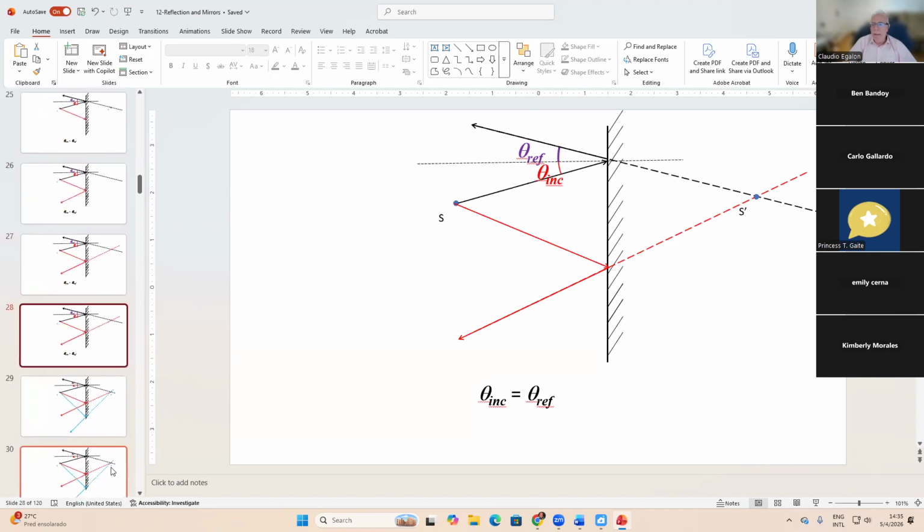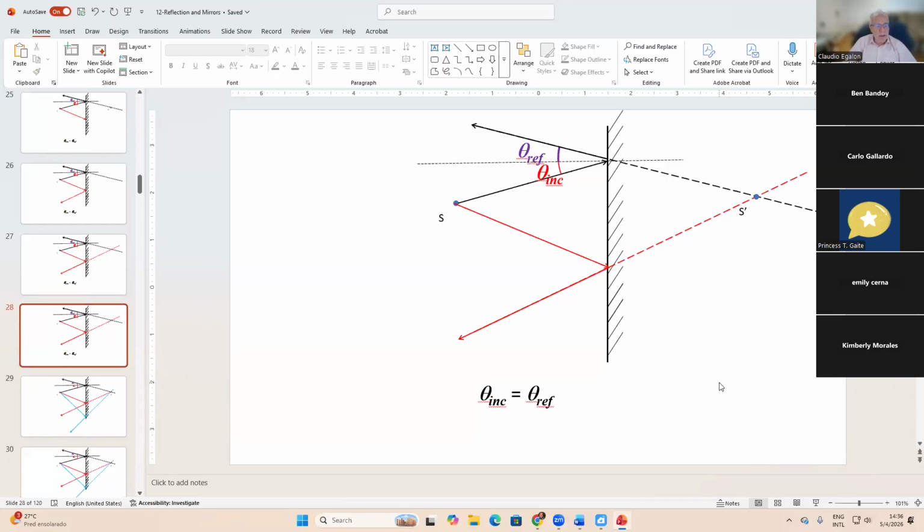And that's going to be the position of the image of the source. And like I said before, the distance of the source to the surface of the planar mirror is equal to the distance of the image to the planar mirror as well. That's for a planar mirror. For other types of mirror, it's going to be different.